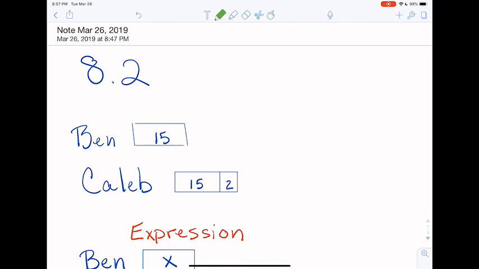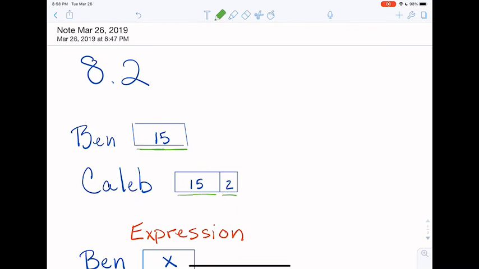Ben is 15 years old, and we had Ben at 15 in our bar model here. And then we would say Caleb is 2 years older than Ben. So we could draw a second bar model, and we had 15 plus 2.